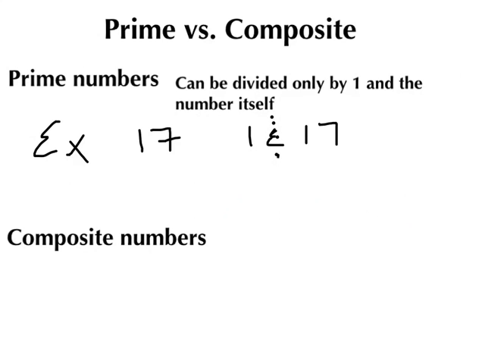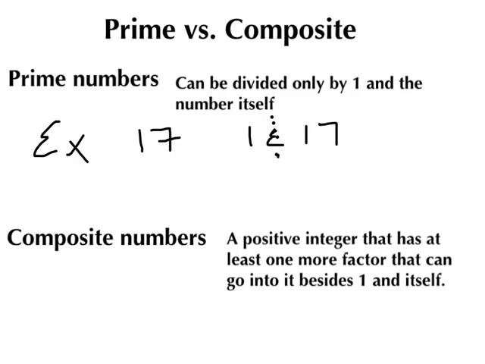Let's talk about now composite numbers. Composite numbers are a positive integer that has at least one or more factors that can go into it besides one and itself. An example is the number 16. Write down all the factors of 16. Well, there is 16 times 1.